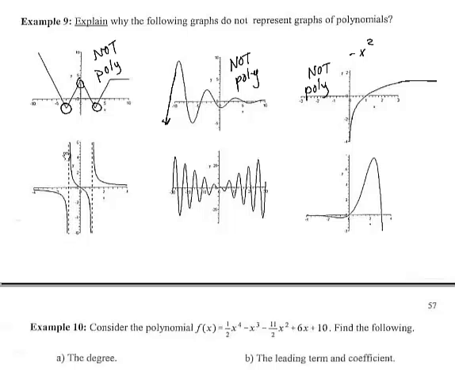It has a vertical asymptote here. And that could be another explanation as to why this top far right graph was not a polynomial. This one on the bottom left looks like a rational function, so we say not polynomial.